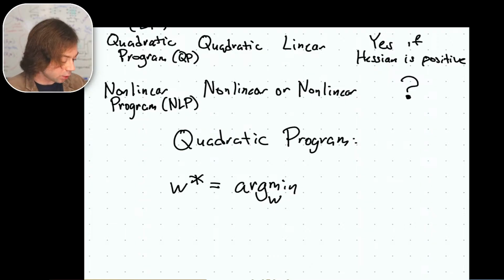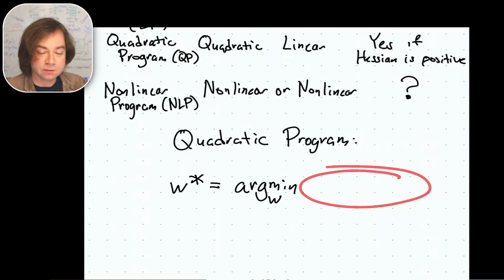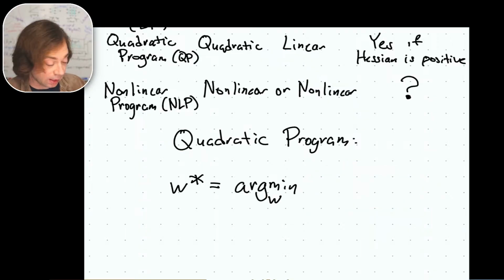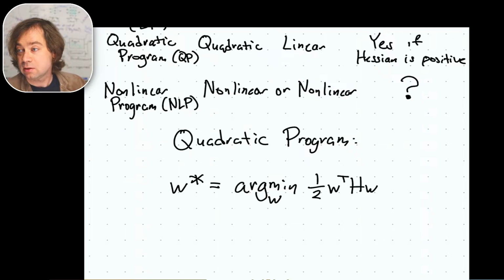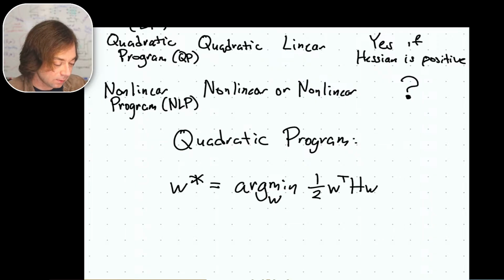Of our cost function, and instead of being a general cost function of f of W, it's a quadratic cost function. 1/2 W transposed HW, okay?